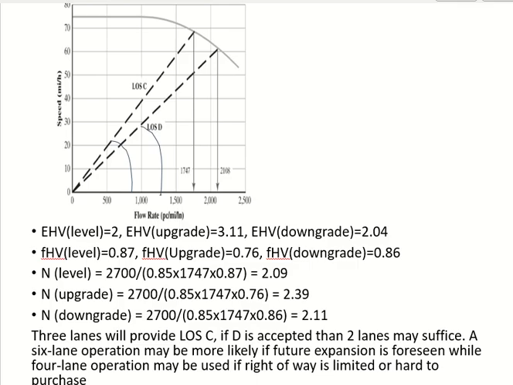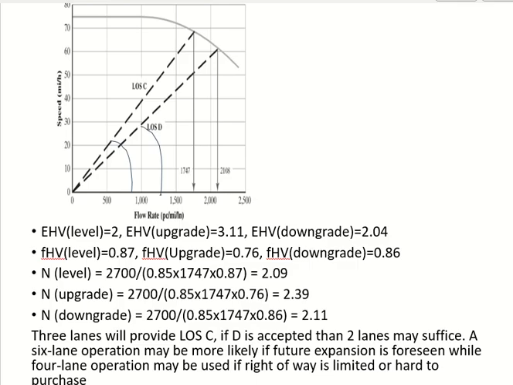But I'm saying the other way around. The angle should be from the base, right? Yes, it is flow upon speed. Fine, correct. So this angle will be the inverse of density.